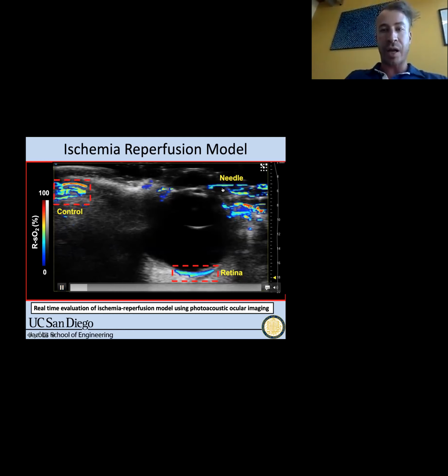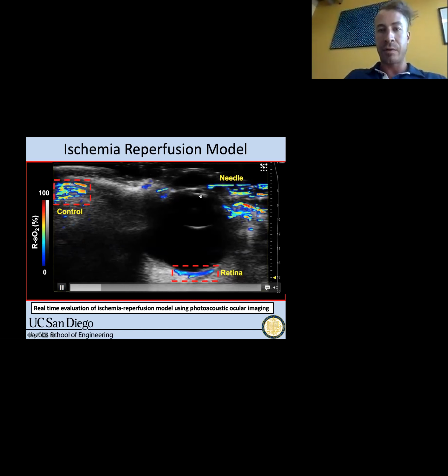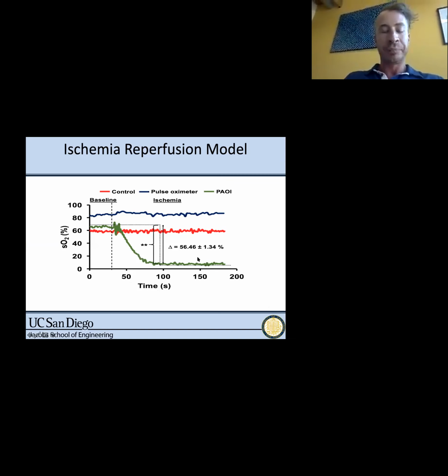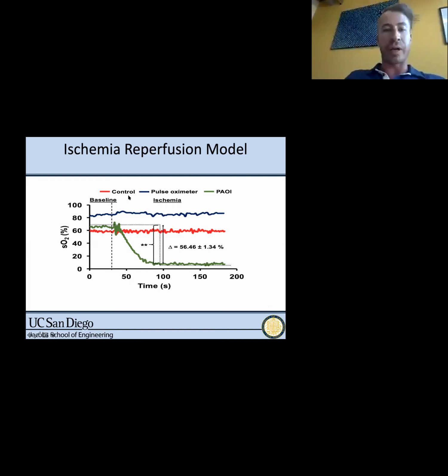And then when we inject, there you can see the injection right here. We injected and the pressure goes up, and we occlude the amount of blood flow that can enter the retina. We could quantitate this compared to the control area.